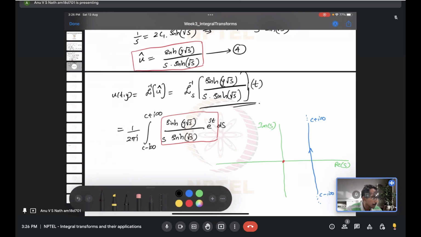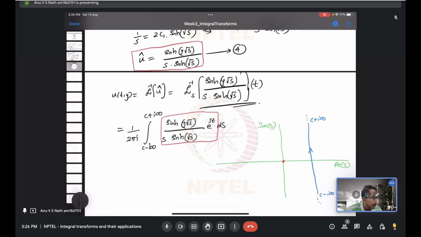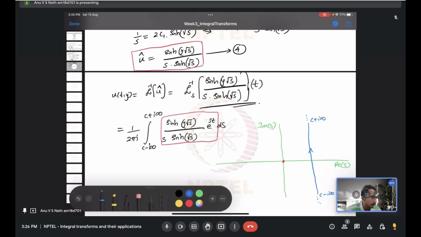So what I was telling is that there are more singular points for this function that we will see now. Anyway, the blue line is over which we have to take the integral, which is right of all the singular points.